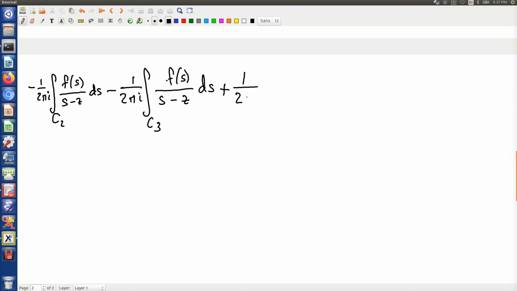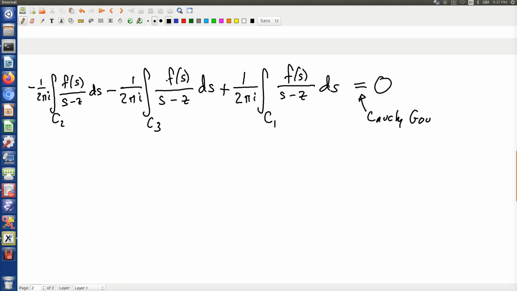1 over 2 pi i, integral C1, f of s over s minus z, ds, and all this is equal to 0. This is the Cauchy-Goursat theorem. That tells us this is 0. Okay, now, we already know this first term in this sum is equal to f of z.